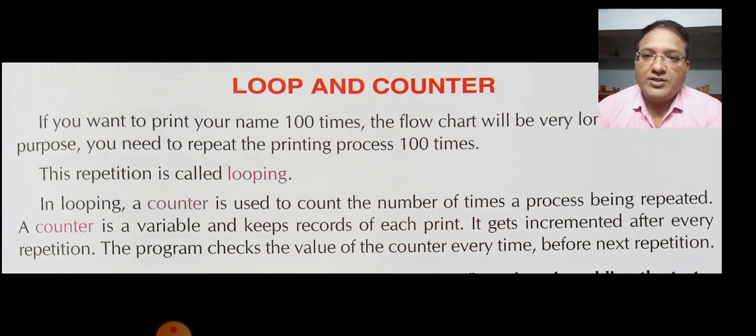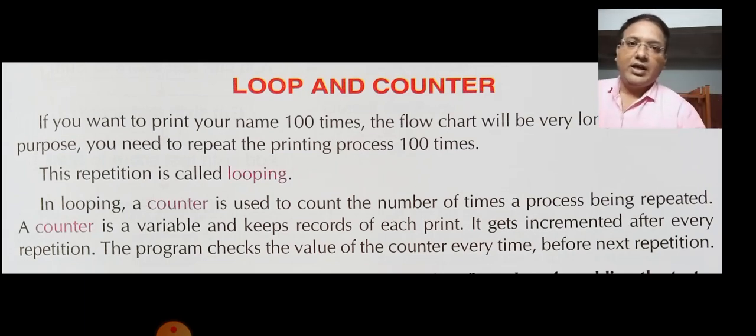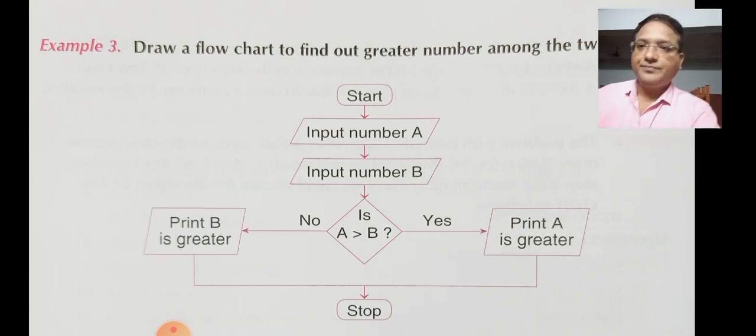The program checks the value of the counter every time before the next repetition. Suppose you are printing your name 100 times, so how will it work? The counter will work like 1, then increment by 1, 2, 3, 4, 5, 6. Like that looping will execute. Got it?